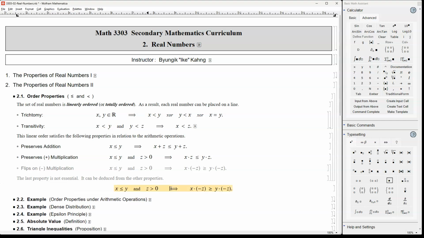So basically, we have to fill in the middle. So how do we do that? x times z is less than or equal to y times z. Let's put a dot in there. Okay, all right. And then subtract this one away and subtract that one away.